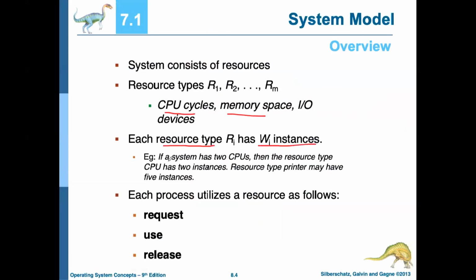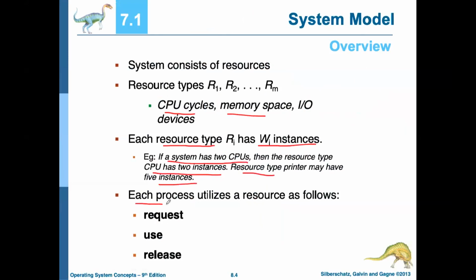For example, if a system has 2 CPUs, then the resource type CPU has 2 instances. A resource type printer may have 5 instances. Please take note, it is not one-to-one, so it can be more depending on the resource.